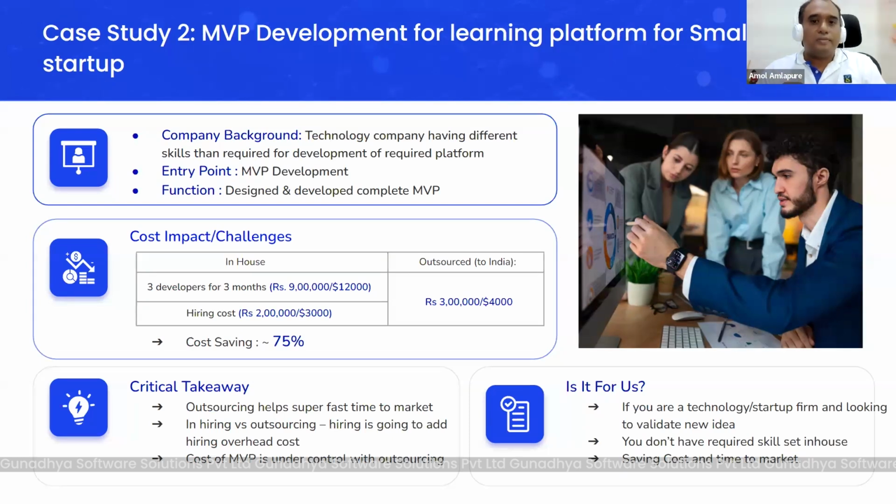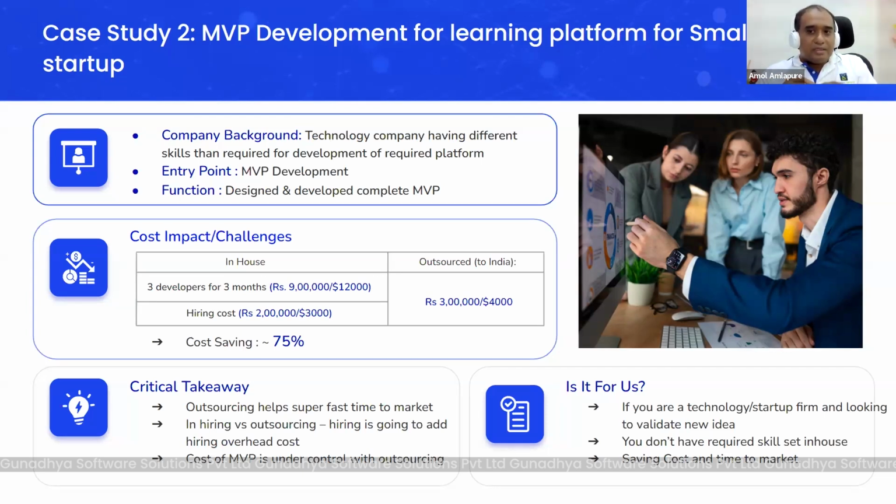About the company background, this one was a small IT consulting company. They wanted to develop an e-learning platform. They had their internal team, but they were working on different areas like design and the .NET framework. But their founder wanted a very functional MVP and wanted it developed very fast.